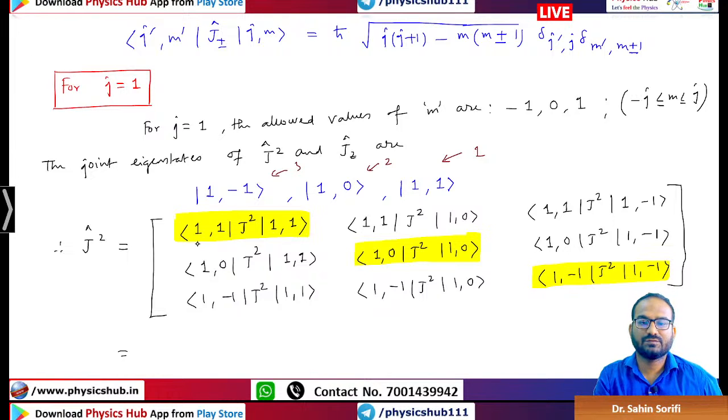And J is 1, so 1 into 1 plus 1 is 2. So 2ħ square we can take outside, and only diagonal elements will survive: 1, 1, 1, others will be 0.